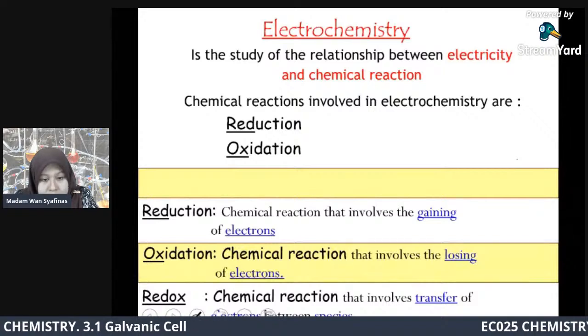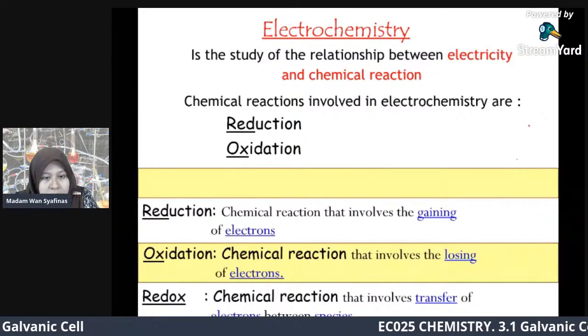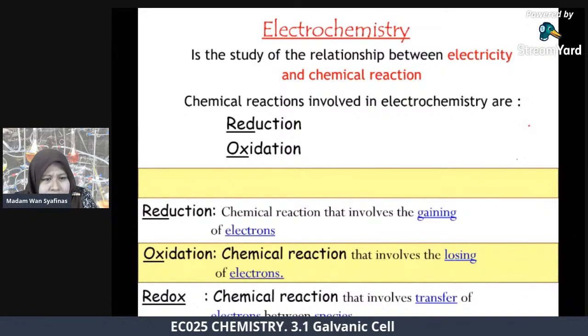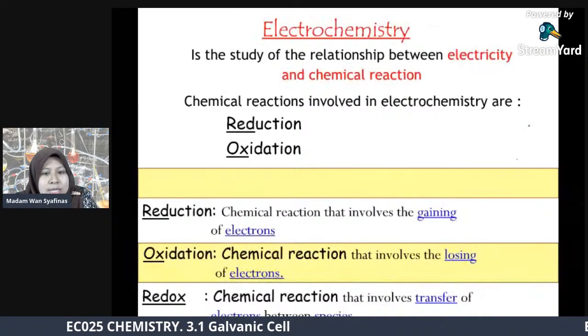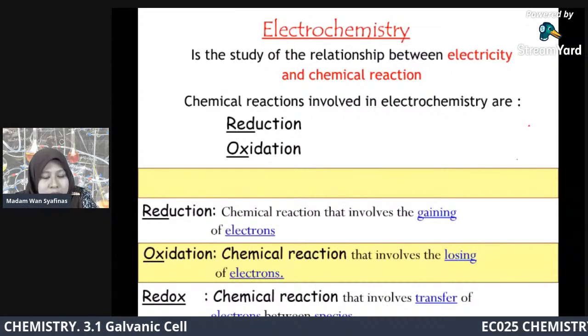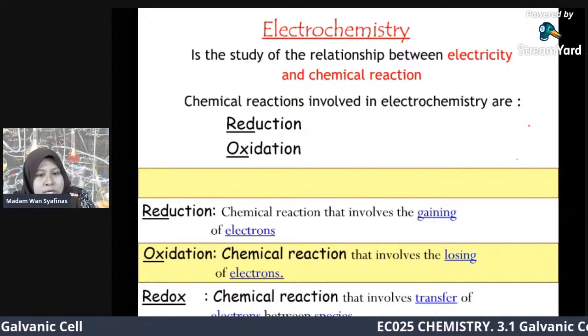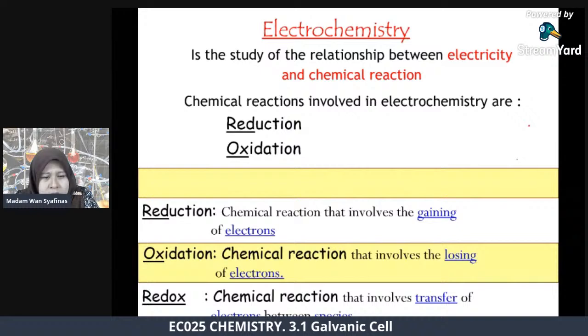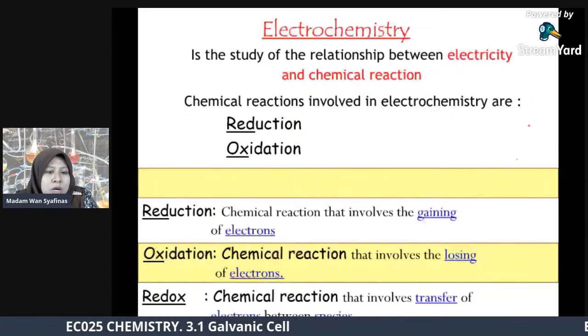Reduction and oxidation combined together, we call as redox reaction. So what is reduction? Reduction is a chemical reaction that involves the gaining of electron, while oxidation is a chemical reaction that involves the losing of electron. So combine these two, we call as redox.